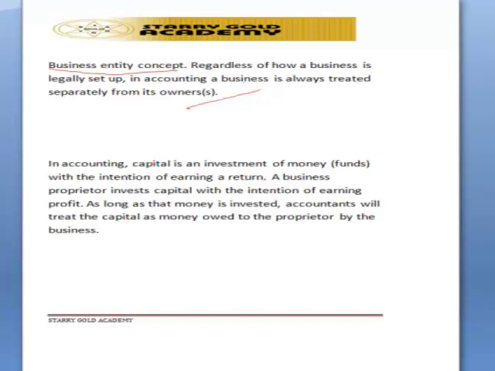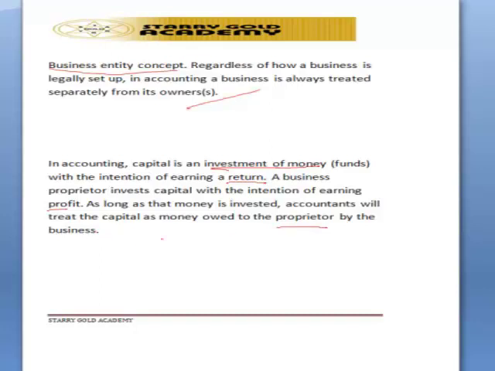Now, in accounting, capital is an investment of money that is made with the intention of earning a return. So a business proprietor invests capital with the intention of earning profit. As long as the money is invested, accountants treat the capital as money owed to the proprietor by the business.